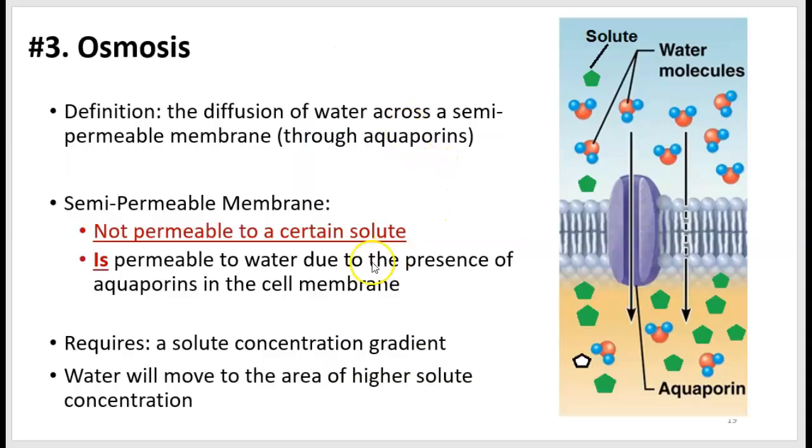All right, so the conditions for osmosis include that you have a semi-permeable membrane. And what that means is it is permeable to water, but not permeable to a solute. So if we look at this picture over here, the solute is a green pentagon, five-sided figure.